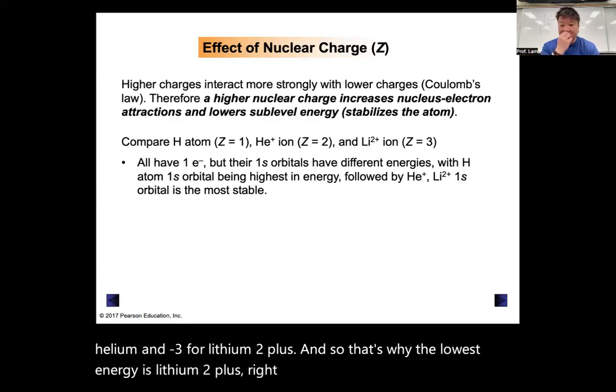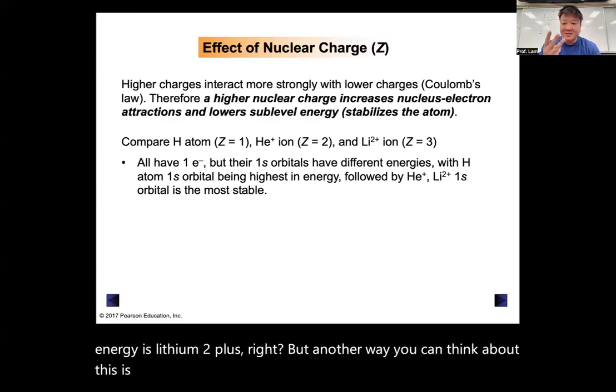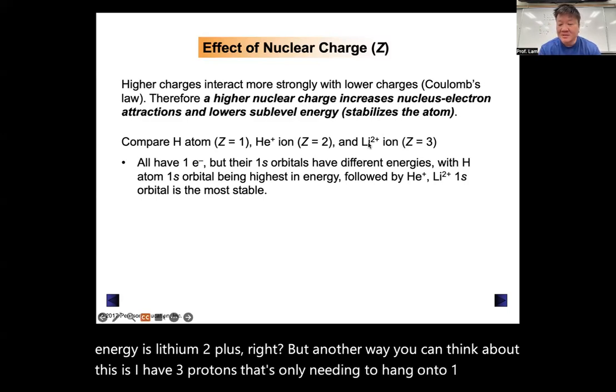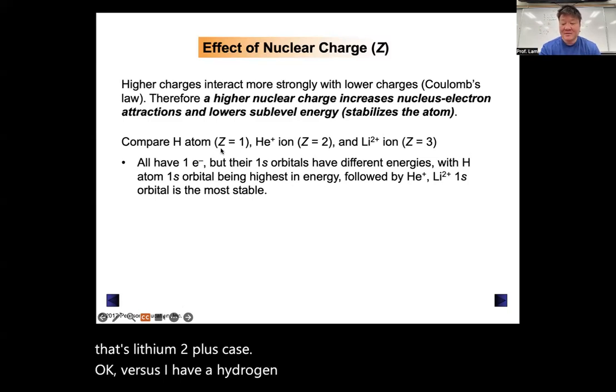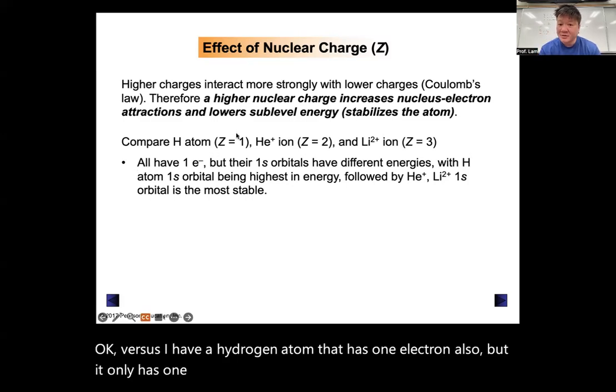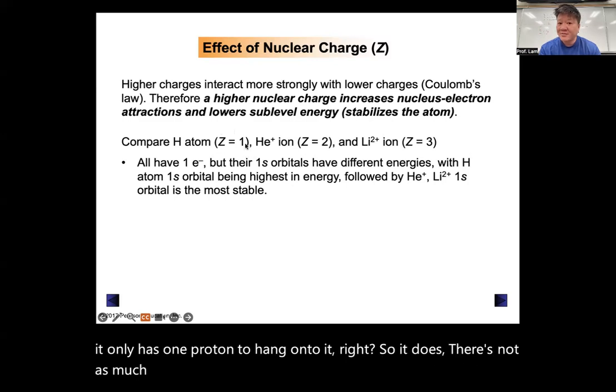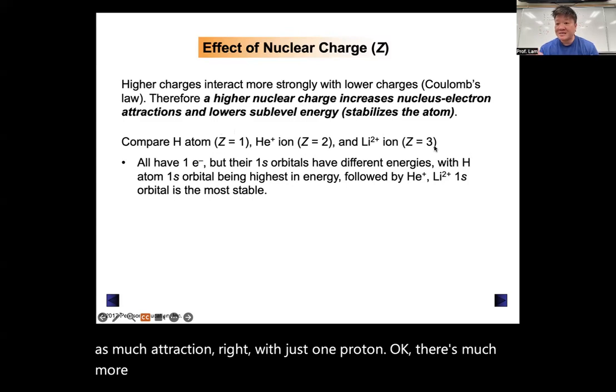But another way you can think about this is I have 3 protons that only need to hang onto 1 electron. That's the lithium 2 plus case, okay? Versus a hydrogen atom that has 1 electron also, but it only has 1 proton to hang onto it, so there's not as much attraction. There's much more attraction with 3 protons that can hang on to that 1 electron more tightly.